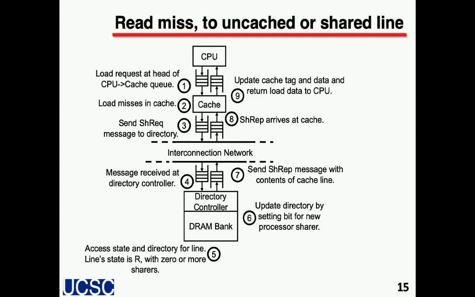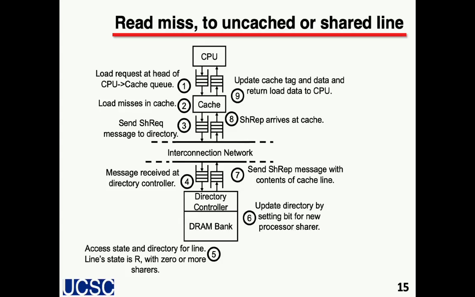For snooping coherence, you're right, it's kind of a peer-to-peer thing: based on information I've been exposed to on a shared medium, how can I infer the right thing to do? Versus in the directory, you're definitely trusting the directory to enforce things. In practice, because the caches can't take unilateral actions, you're trusting the directory to be an arbiter. So that notion of being semi-centralized definitely is a good intuition.